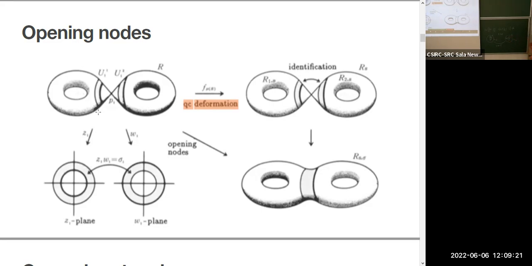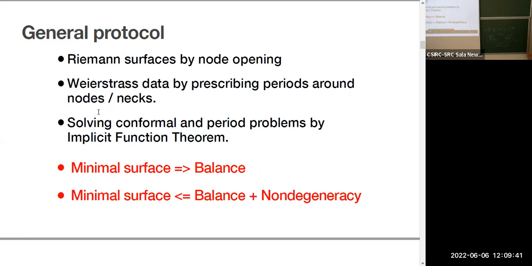And also, what is the complex argument of T? I write this T as rho e to the i theta. If you change theta, you actually have a twist of the two angular coordinates. This will be important later. Okay, so the general protocol of the gluing technique is you get this Riemann surface by node opening. This is your manifold. And then you have your Weierstrass data obtained by prescribing the periods around the nodes.